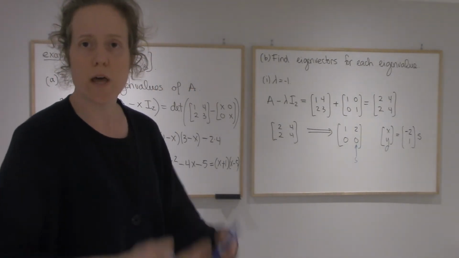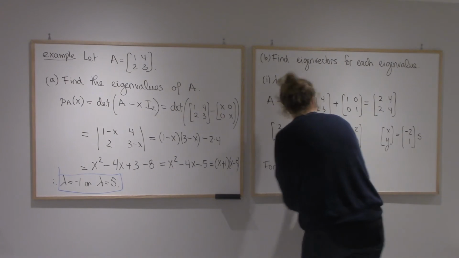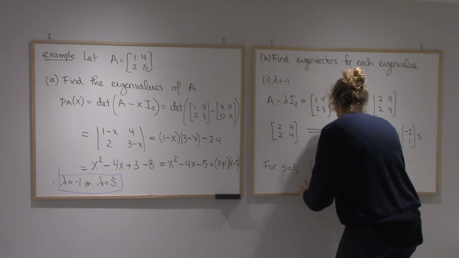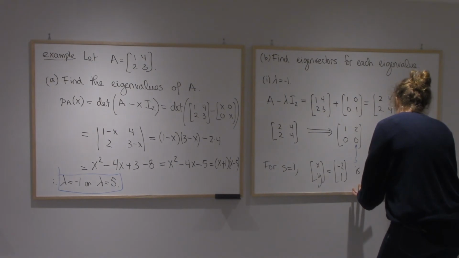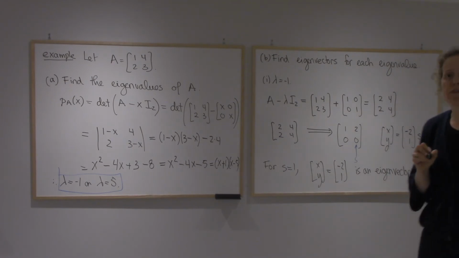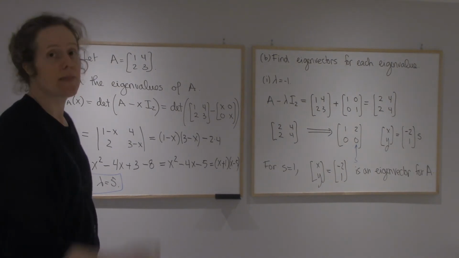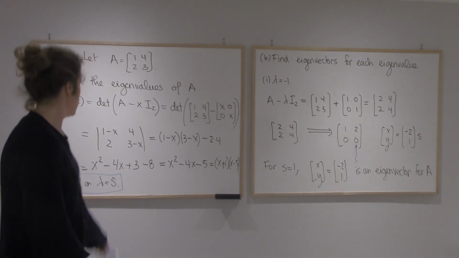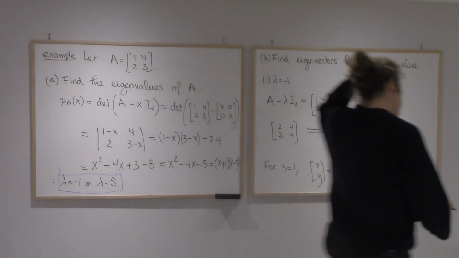Let's pick s equals 1, the easiest. And we found our first eigenvector by ourselves, so we found (-2, 1). That's an eigenvector for A corresponding to the eigenvalue -1. We still have lambda equals 5 to do, so let's try that one.